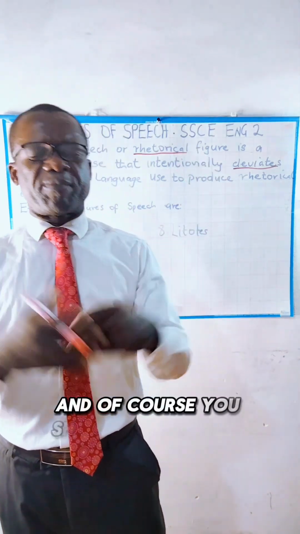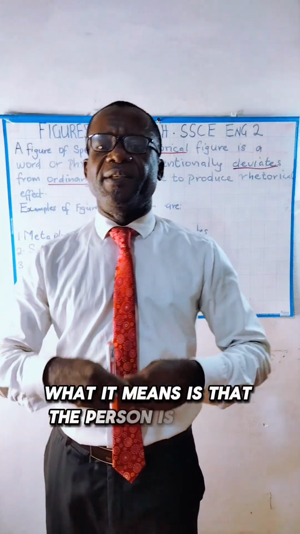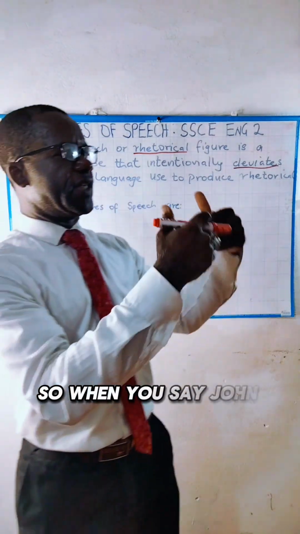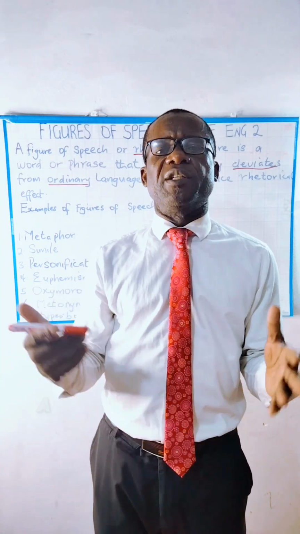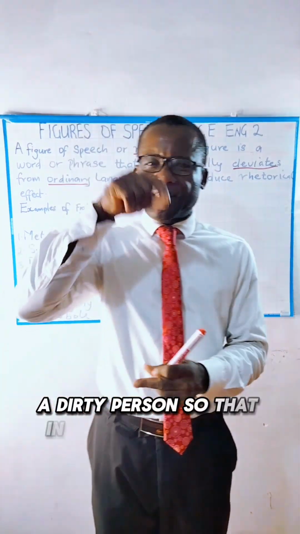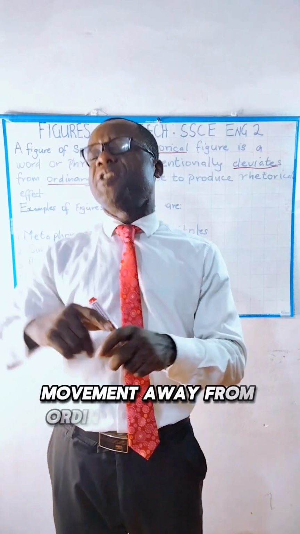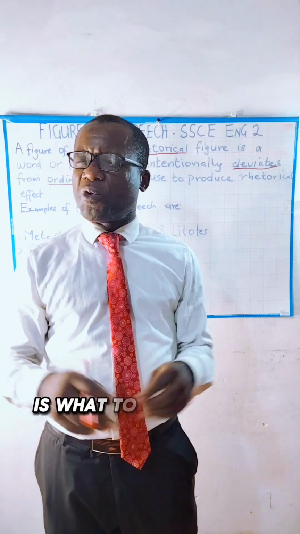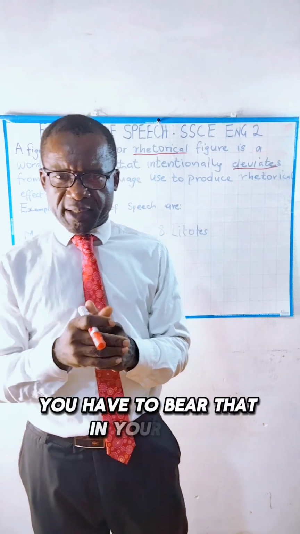And of course, you should suspect that what it means is that the person is a dirty person. So when you say John is a pig, you are saying that John is a dirty person. That intentional deviation, movement away from ordinary meaning or ordinary usage, is what we call figures of speech. You have to bear that in your mind.